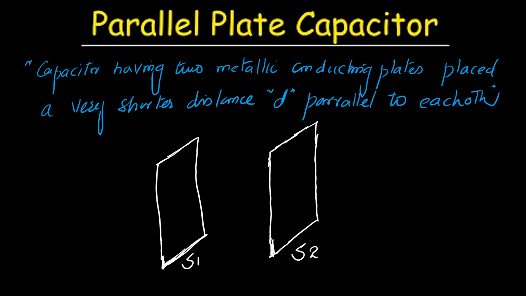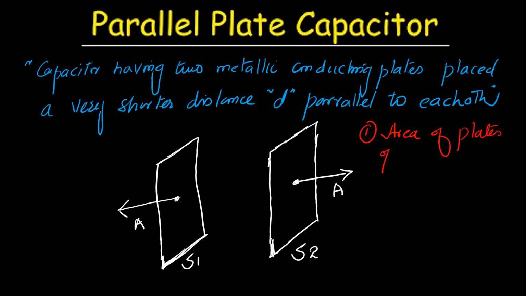Students, please keep in mind that the area of the plates of the parallel plate capacitor is always the same. The area vector for both the parallel plates is the same. So it is a property of the parallel plate capacitor: first, the area of the plates of the capacitor is the same.